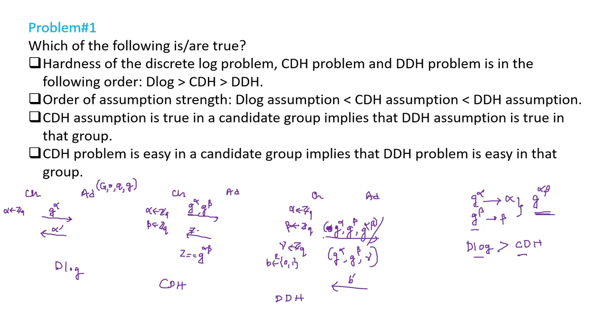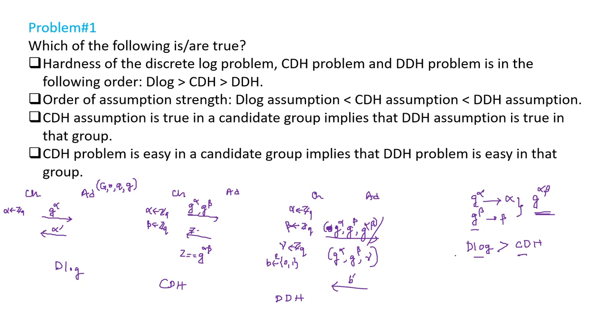Intuitively you can think in this way, that in DDH you are asked to just distinguish between the two cases, but in CDH you have to compute the exact value of g to the power alpha beta. In DDH you may not know the exact value of g to the power alpha beta, but by some other mechanism you are able to distinguish the value you are seeing, whether it is g to the power alpha beta or not. But you are not asked to compute the exact value.